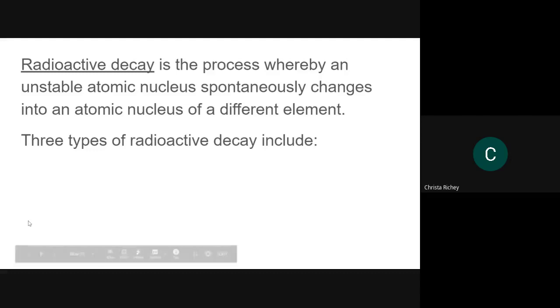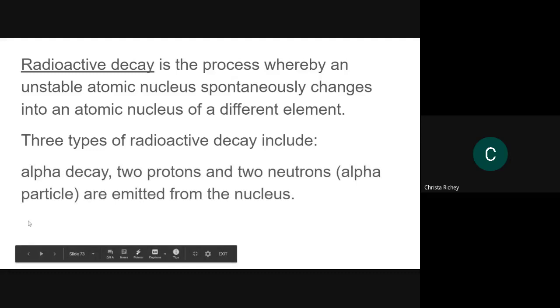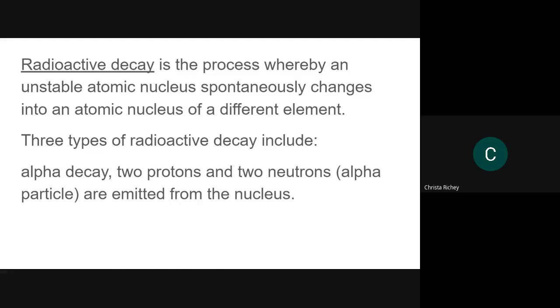Radioactive decay. There are three types, specifically alpha, beta, and gamma. Alpha is nothing but a helium nucleus. That's all it is. Beta is an electron. Gamma is pure energy. We're not going to go into gamma radiation with this. But alpha, you've got 2 protons and 2 neutrons. Helium's atomic number is 2.